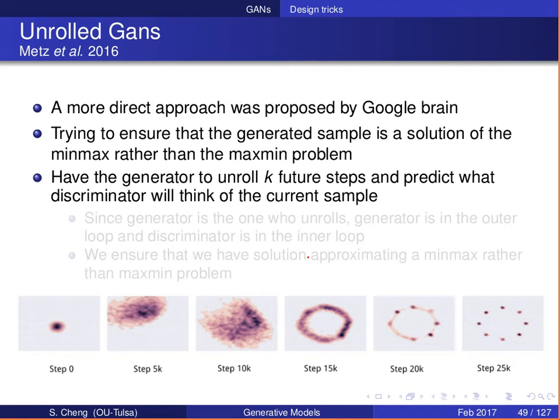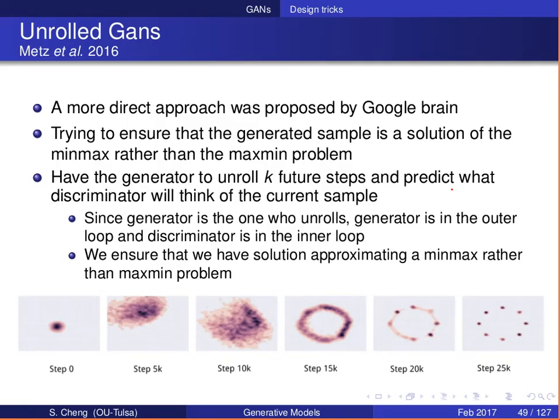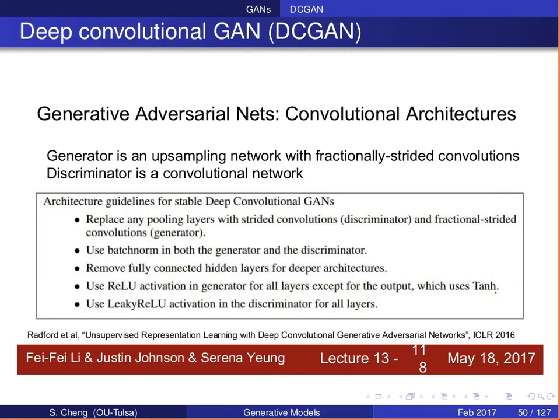So you unroll k future steps and predict what the discriminator thinks. Because the generator is doing the unrolling, the generator is actually in the outer loop, and the discriminator is the inner loop. Therefore you can make sure that the solution is an approximation of a min max problem rather than a max min problem. And these are the results after, for example, 25k epochs, where you can approximate this pretty well.